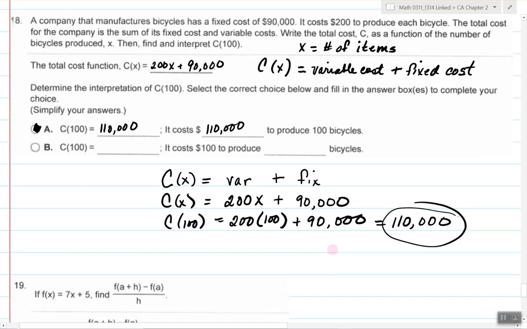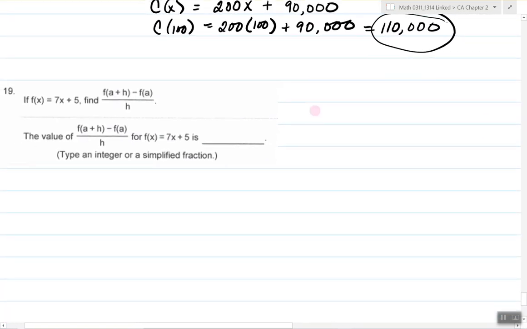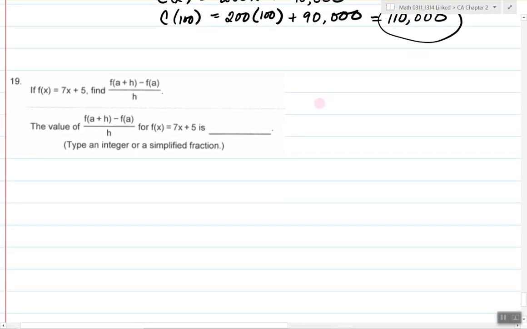All right, we're going to conclude this lesson with something that we will probably see again, and if you go on to higher math you will see it, but if you don't, it's kind of a limited topic in college algebra. It says if f of x is 7x plus 5, find this very weird looking expression.